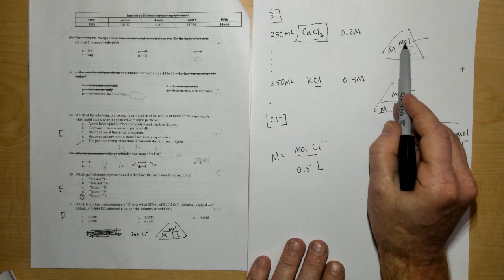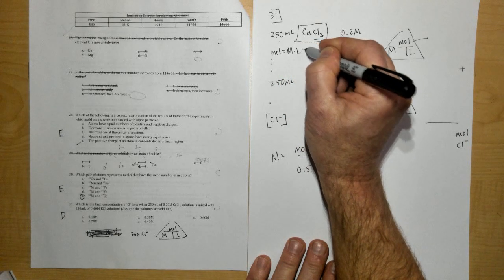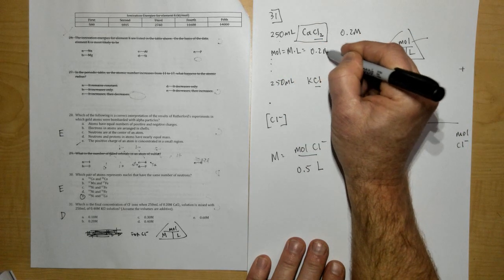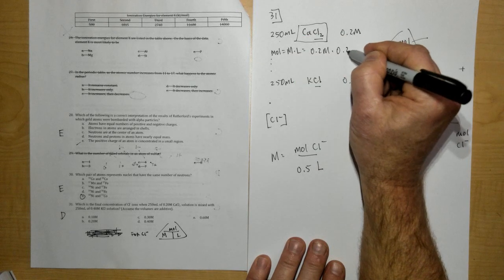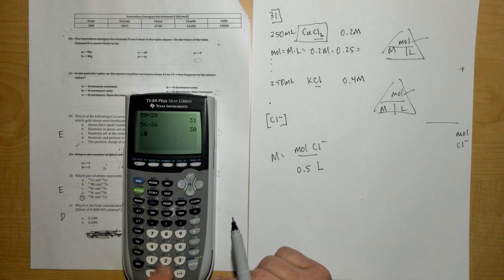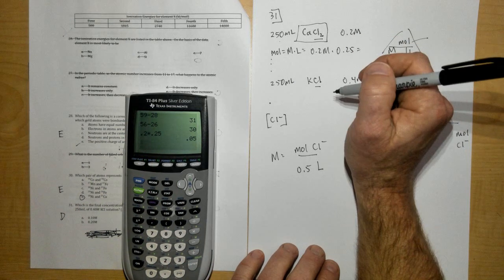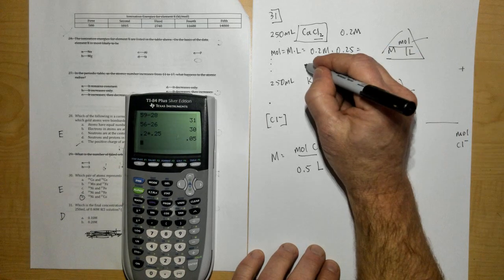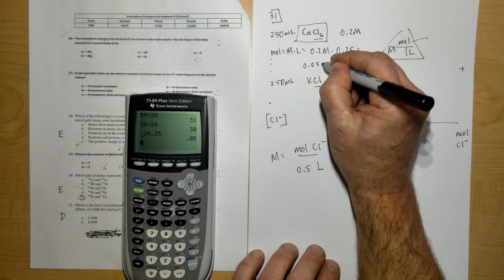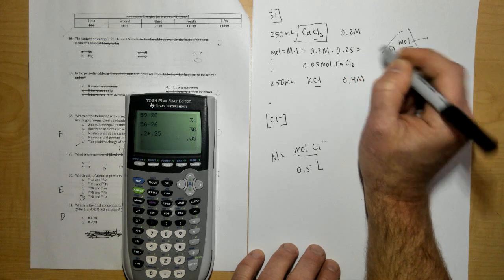So first of all, moles are equal to molarity times liters. My molarity is 0.2 molar times my liters, which is 0.25. So 0.2 times 0.25 should be 0.05, yep. So 0.05 moles of CaCl2.